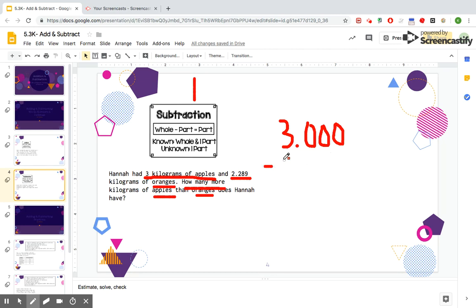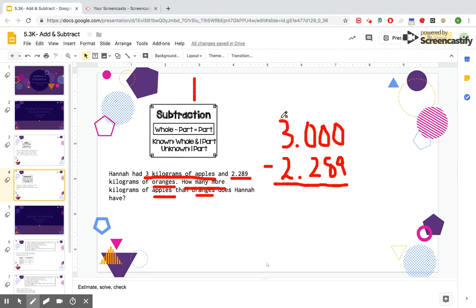So I have 3 minus 2 and 289 thousandths. Okay, so already off the bat, I have 0 minus 9. If I have 0, I cannot take 9 away. I also have another problem because I don't have anything to regroup from here or here.